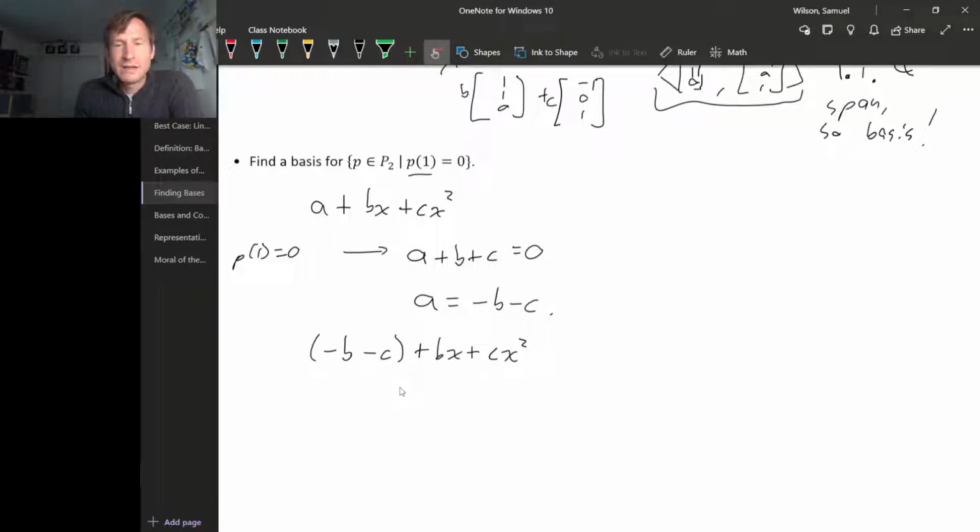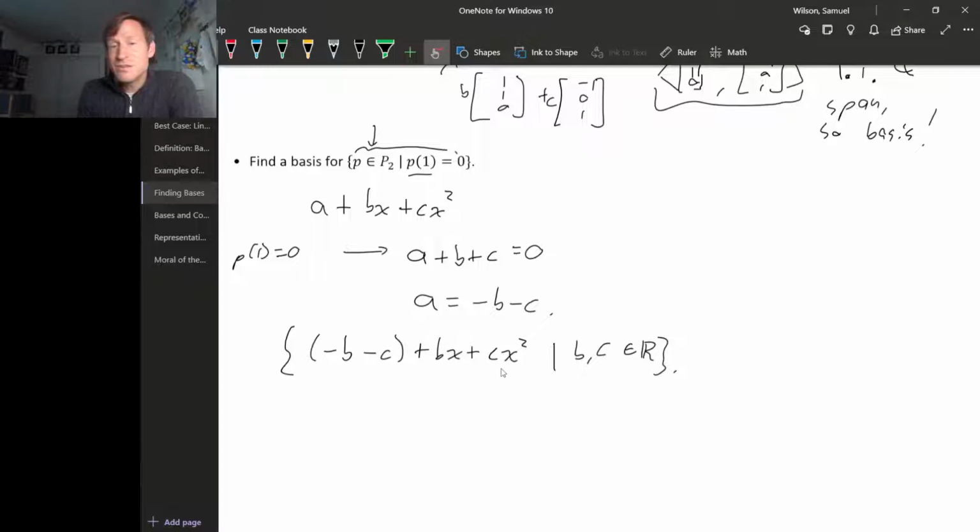All right. So how could we write this? What we need to do is rewrite this in a way that makes it clear what polynomials we need to span this set, right? So this space that we're talking about, it's the set of all polynomials here where b and c are free variables now, so they can be any real number.